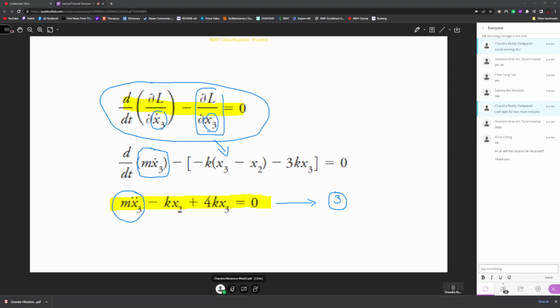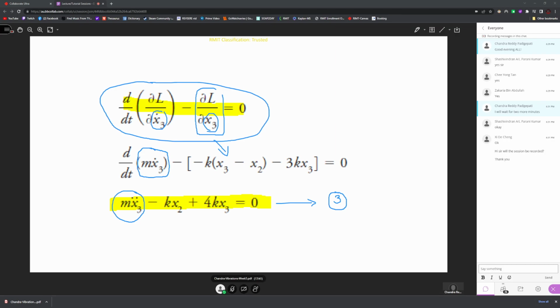Once you have the equations of motion, you can represent them in matrix form. After that, you can find the natural frequencies, the mode shapes, or the response of the system. So the Lagrangian method is basically to derive the equations of motion. Newton's method, Lagrange's method. Lagrangian equations are mainly the energy method.